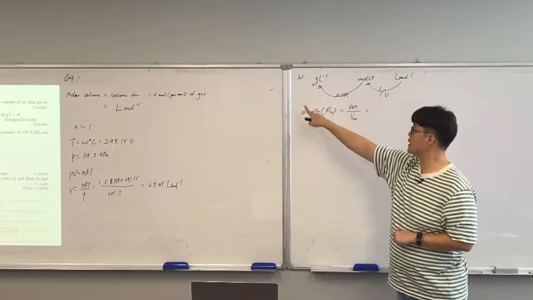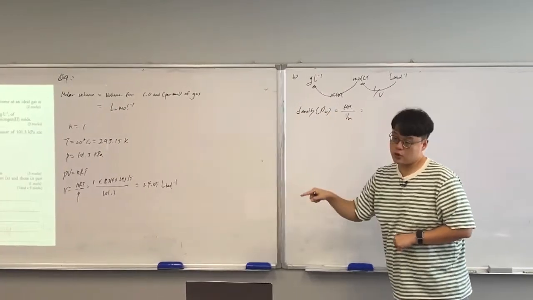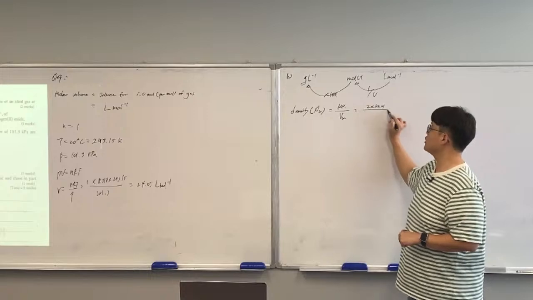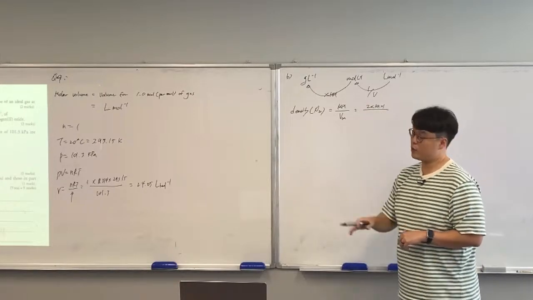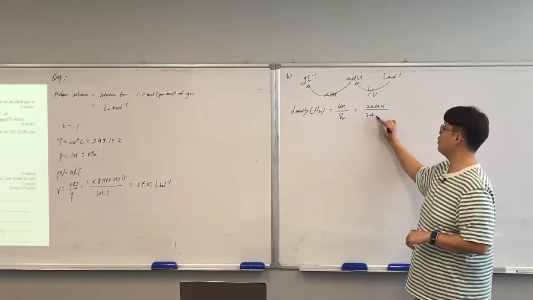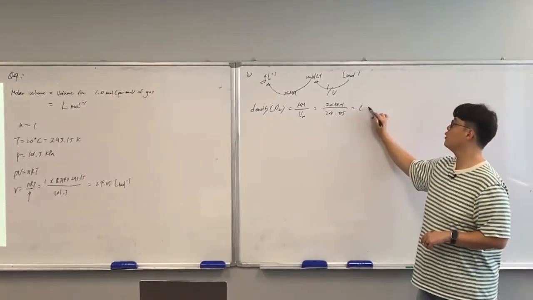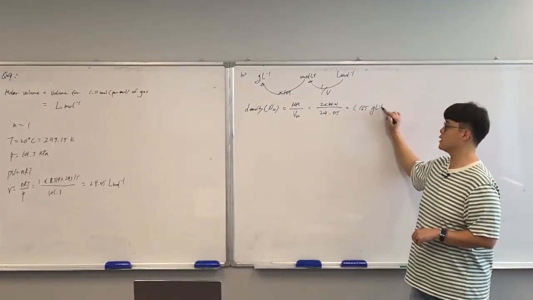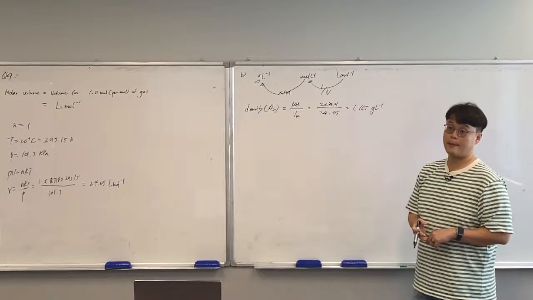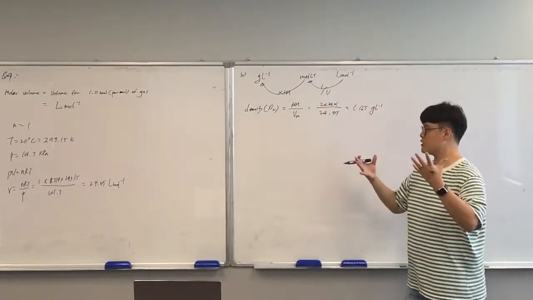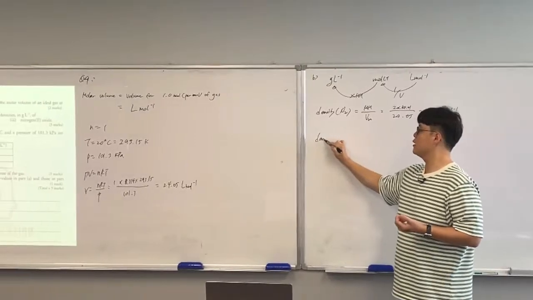Does that make sense? That means the molar mass of N2, that's 2 times 14.01 on the top, and the molar volume we found at 24.05. This will give you 1.165 gram per liter straight away. Or you may just convert the units and do the same thing, but you've got to get the same result.